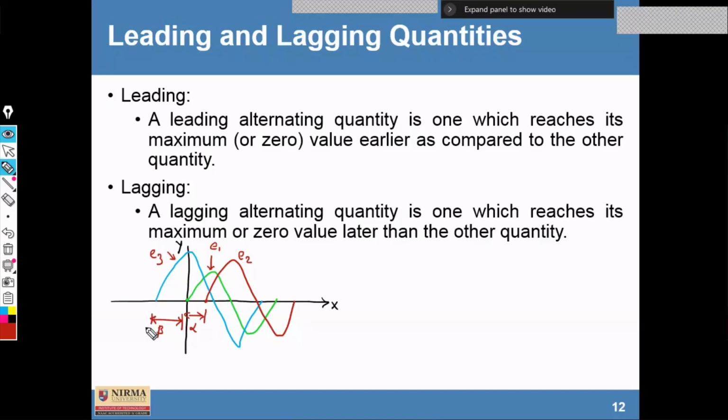Here, three different coils are having three different positions, and even their amplitudes are different. So please write down three different equations, and tell me which quantities are leading and which are lagging.